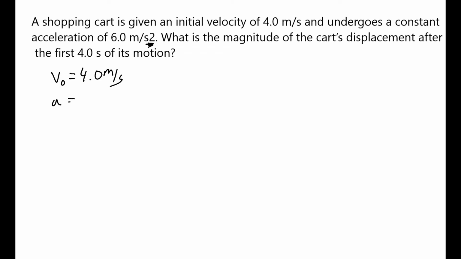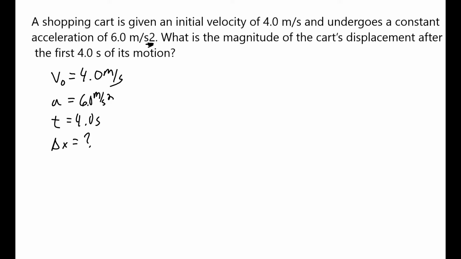Yep, so a equals 6.0 meters per second squared. And what else do we know here? Time is 4 seconds. And what are we trying to find? Displacement, or delta x.